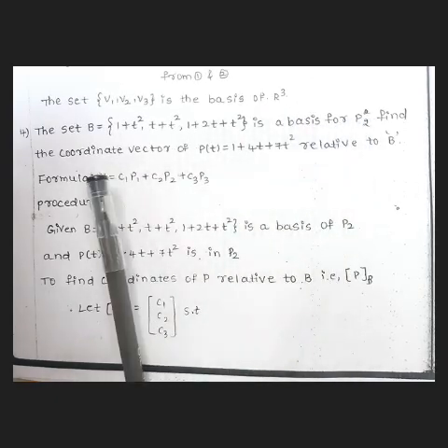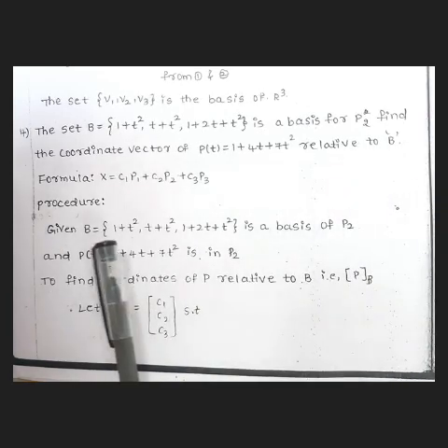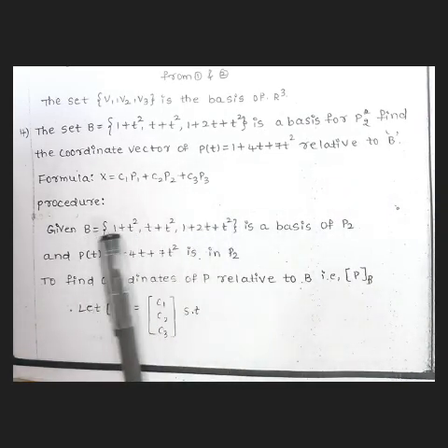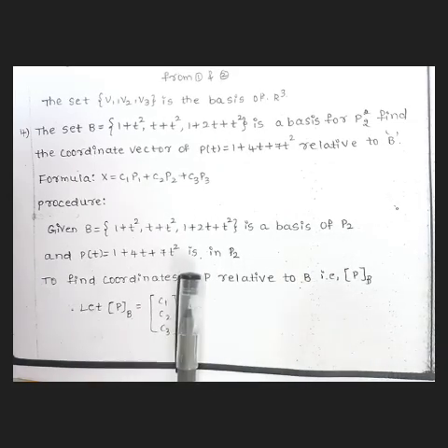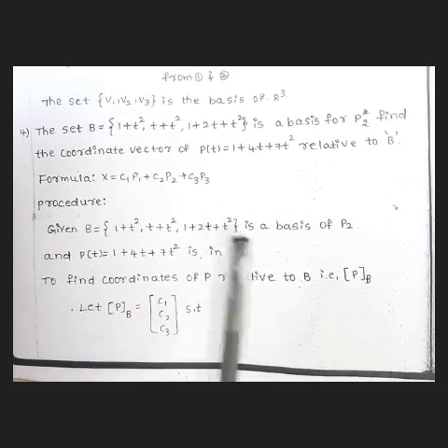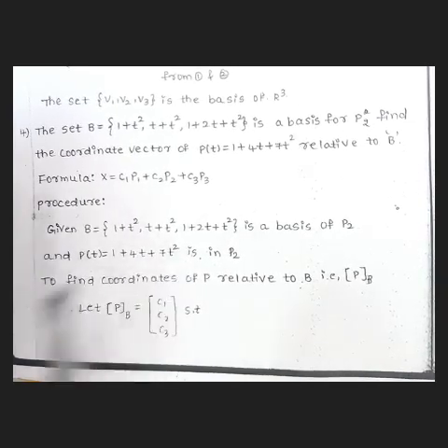To find the coordinate vector of p relative to the basis B, we first write what is given. Take the basis for P2, where p(t) is also in P2, which means it contains three elements: constant, t term and t square term.